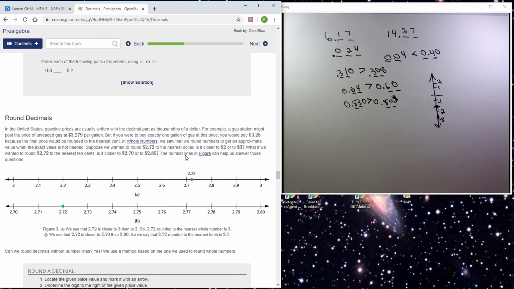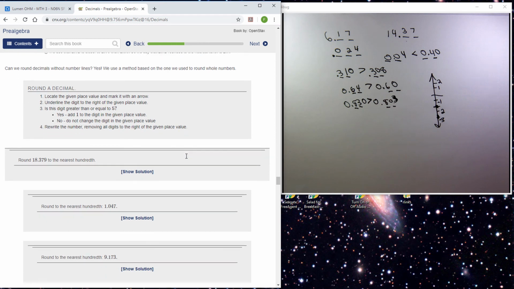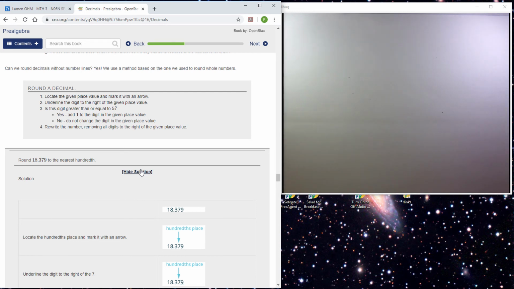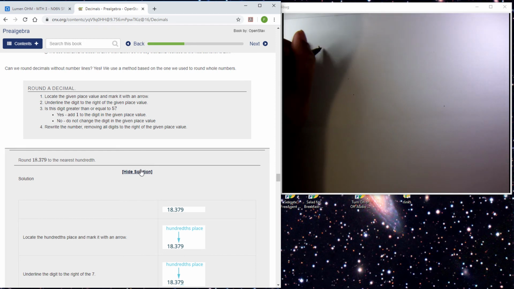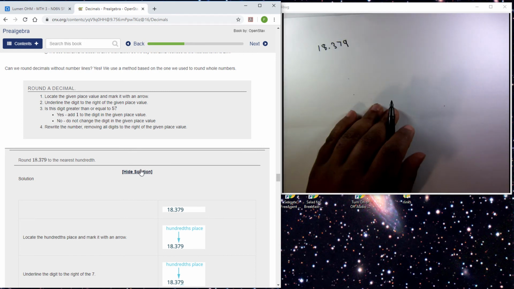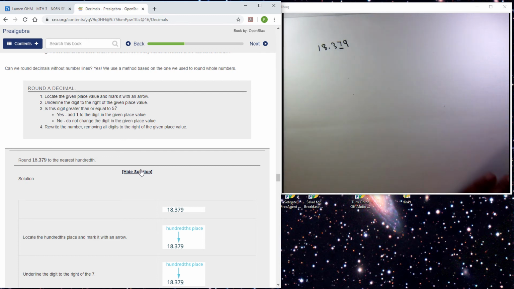Now they look at rounding decimals. This one here, they ask us to round it to the nearest hundredth. So we have 18.379, and you want us to round to the nearest hundredth. So I'll underline my hundredths place.